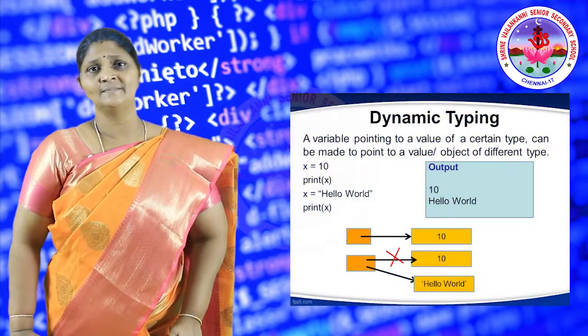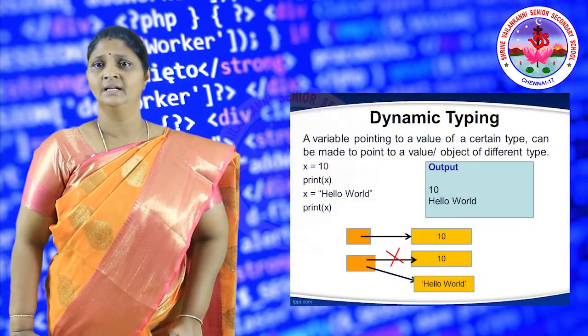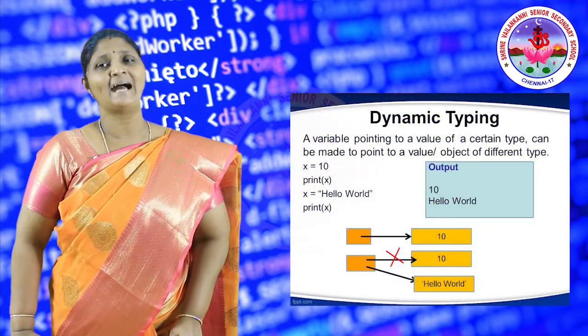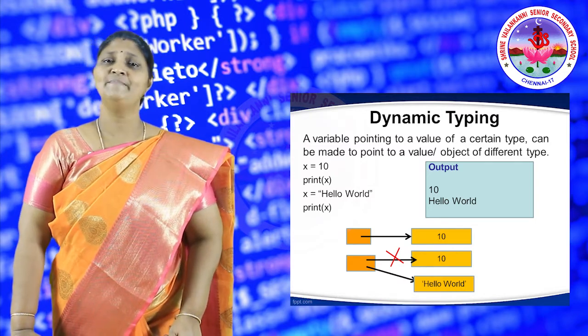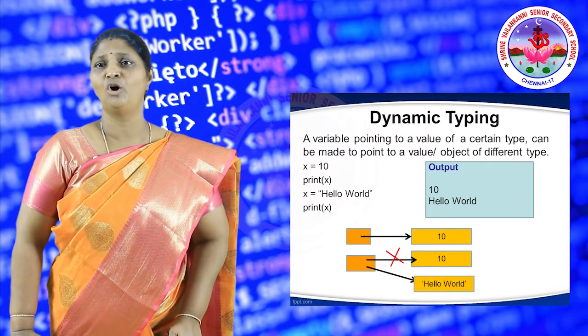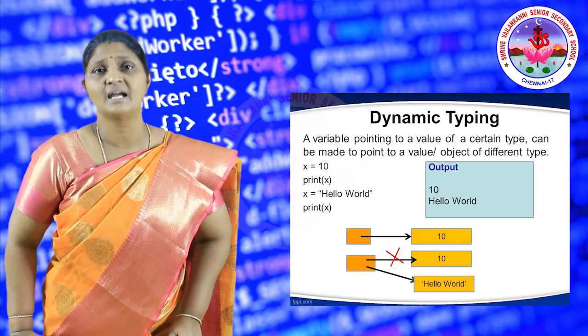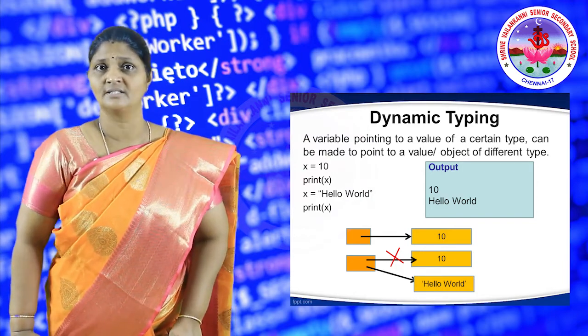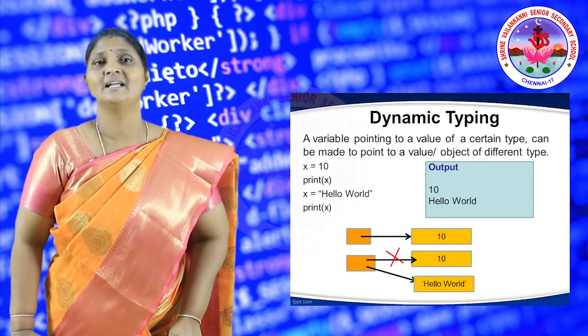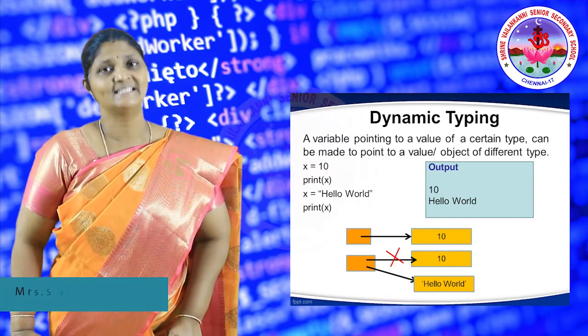So next comes dynamic typing. A variable pointing to a value of a certain type can be made to point to a value or an object of different data type by using dynamic typing. So this is the process which is named as dynamic typing. Let's see the example.